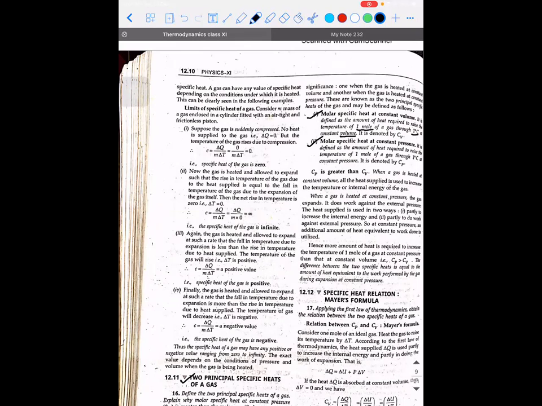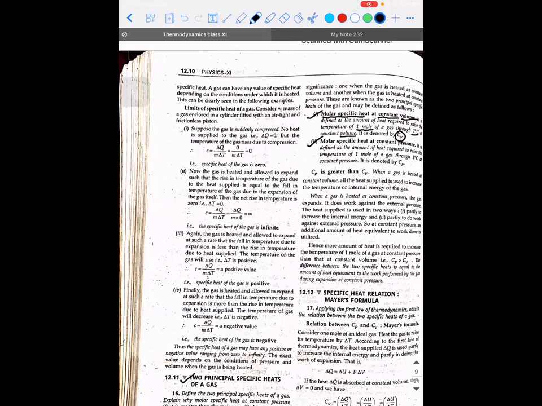This is an important parameter, guys. It is represented by the symbol C with the suffix V.